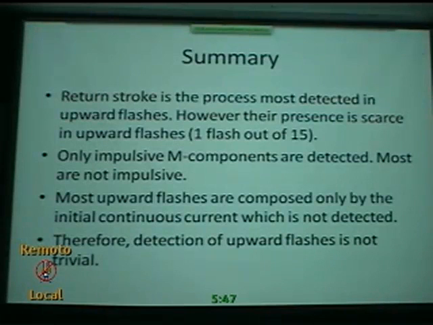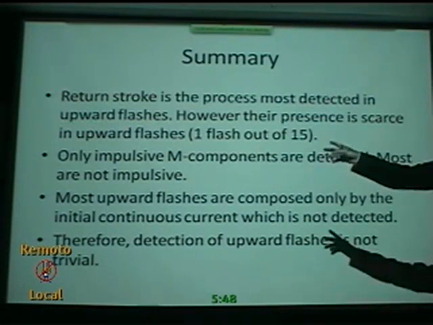Did you see other pulses overlaid on the ICC current, the initial continuing current, other than what you're classifying as M components or return strokes? Were there other impulsive components, somewhat smaller in amplitude? Yes, there are some.